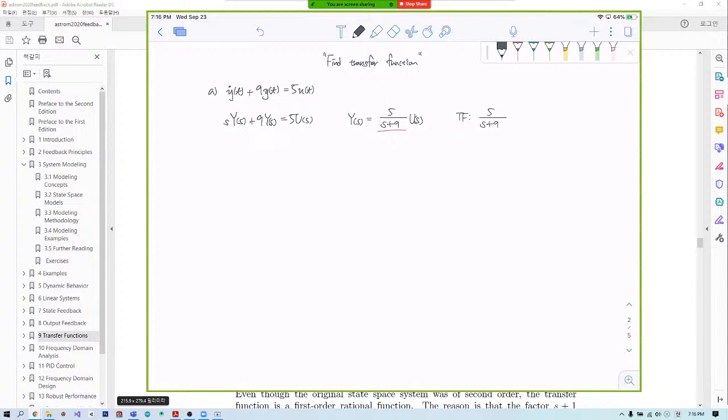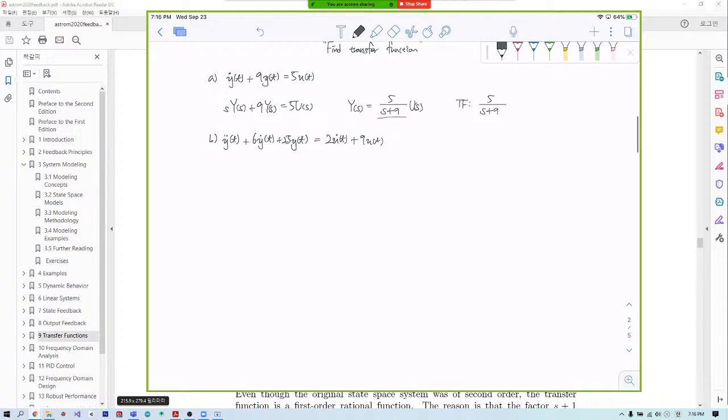And we have our second problem here: y double dot of t plus 6 times y dot of t plus 25 times y of t equals 2 times u dot of t plus 9 times u of t.